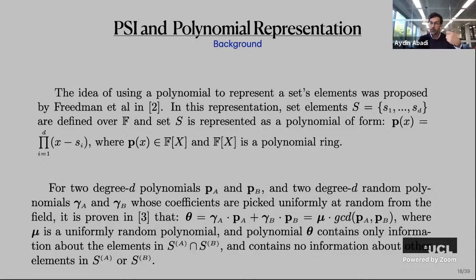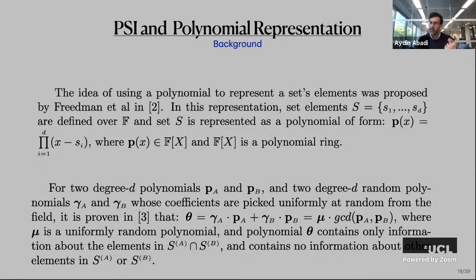This phi reveals nothing beyond the intersection of the sets. So if you give this phi to an adversary, it cannot learn anything beyond the intersection of the sets.